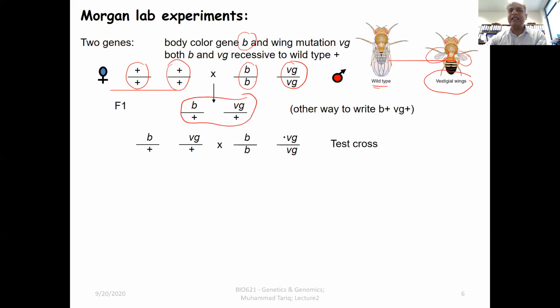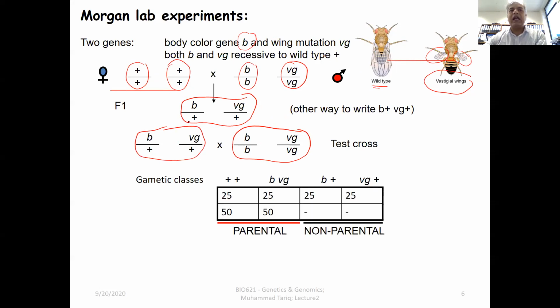And when they set up a test cross, the test cross was homozygous recessive crossed with F1. If they reside on independent chromosomes, we expect plus plus, this for black, this for vestigial, the plus plus gamete, and then black vestigial, the other parental.